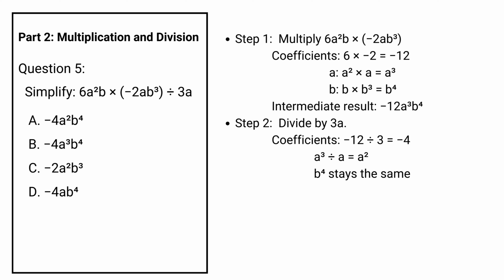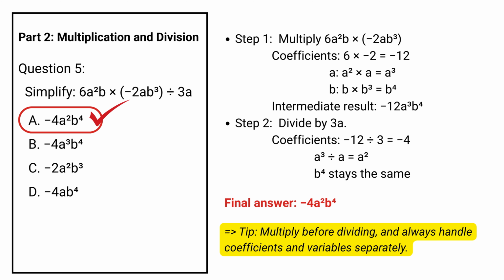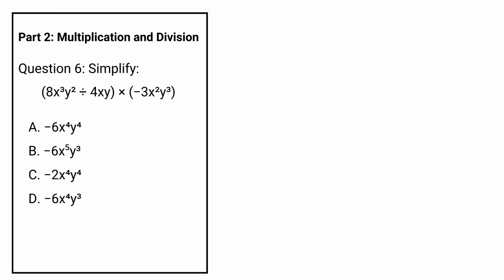Now divide by 3a. Negative 12 divided by 3 is negative 4. A cubed divided by a is a squared, and b to the 4th stays the same. Final answer. Negative 4 a squared b to the 4th. When in doubt, go step by step. Multiply first, divide later.